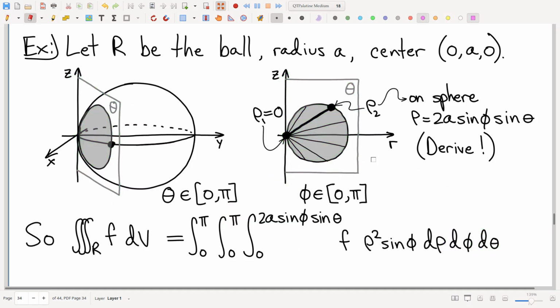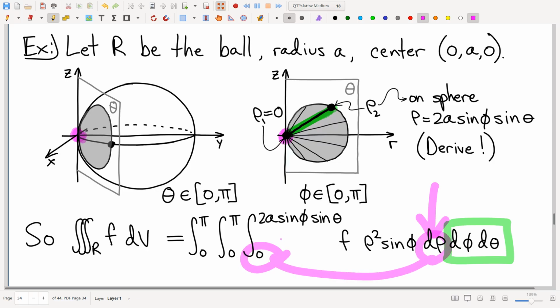Okay, so proceeding as we always do, now we're going to fix theta and phi. This is our theta and phi slice, for example. And let's think about values of rho. Well, we start at that point. That's the origin, where rho is 0. Again, sometimes things are easy.